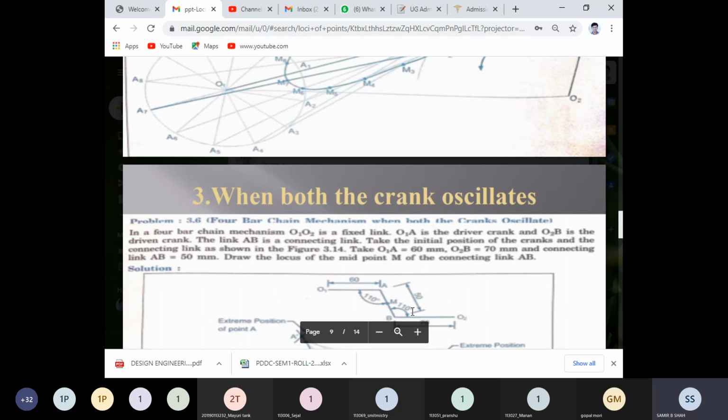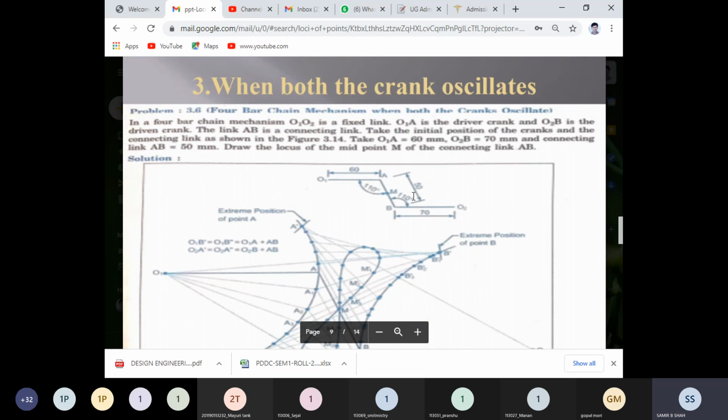The link AB is a connecting link. Take the initial position of the cranks and the connecting link as shown in the figure. Here the figure is given to you, but sometimes the angle is already provided, and as per the diagram, O1AB and ABO2 is the same, which is equal to 110.